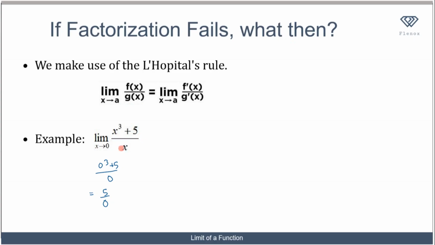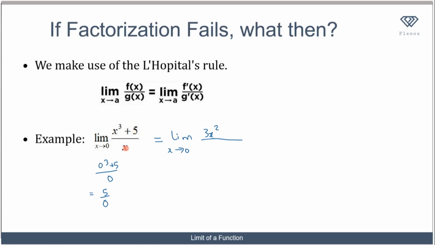So this expression can also be written as the limit as x tends to 0. Now I try to differentiate the numerator. I have not talked about differentiation yet. I will talk about it in the next module, so I'm just going to walk through it now. When I differentiate this numerator, x cubed becomes 3x squared and 5 becomes 0.